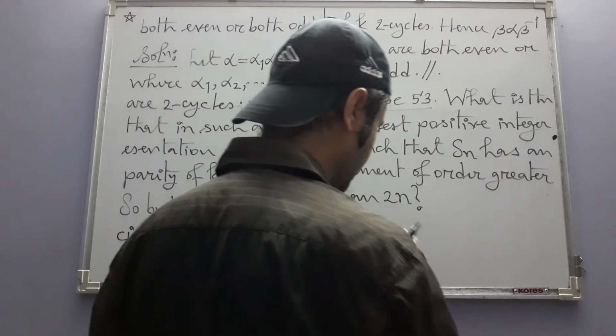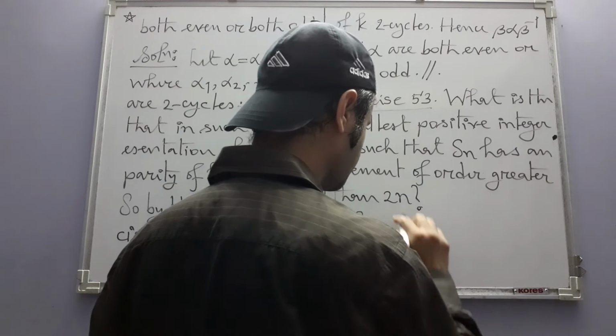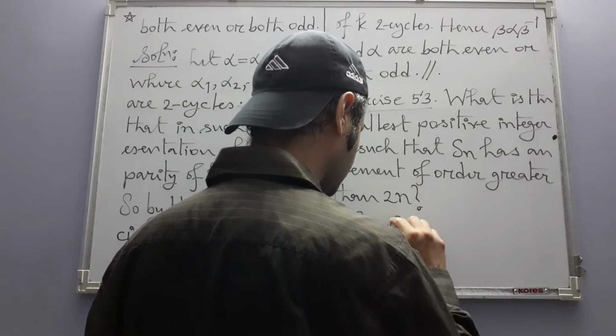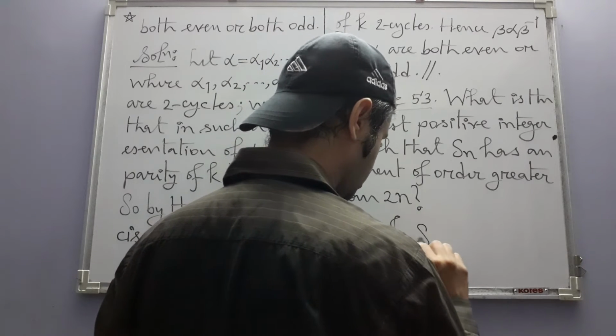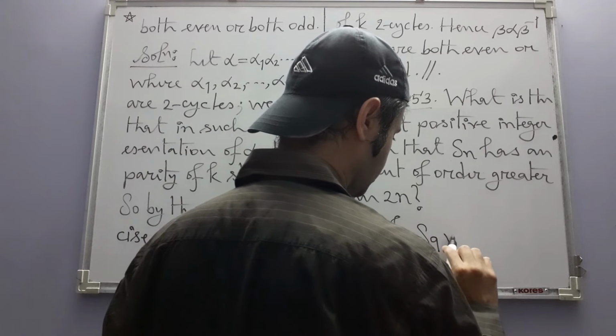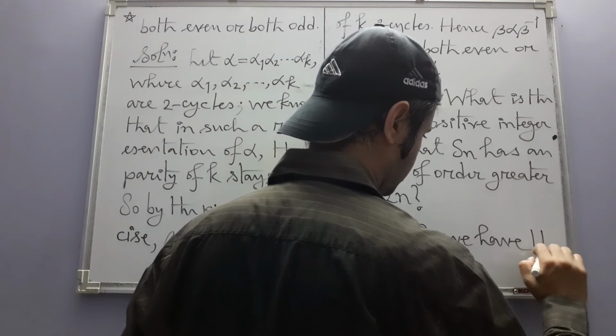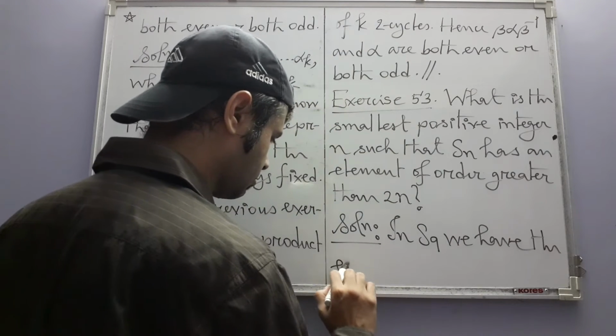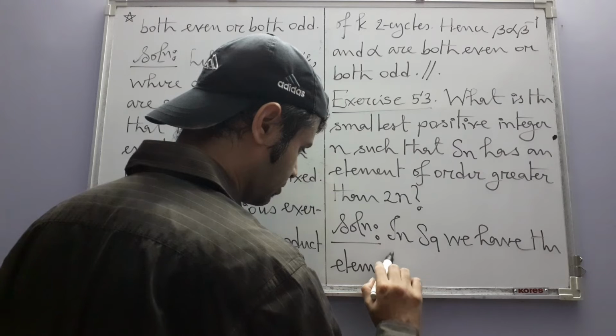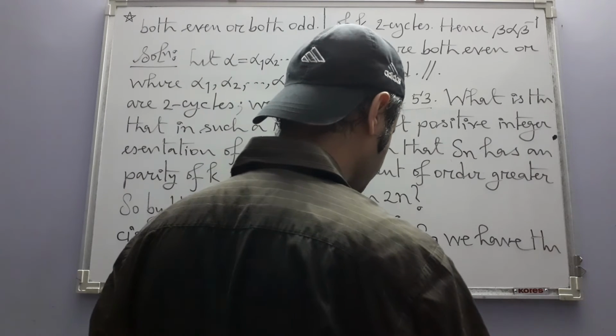So let me just write and then I will say what it means. In S9 we have the element, actually there are many such elements, but this is one of them.